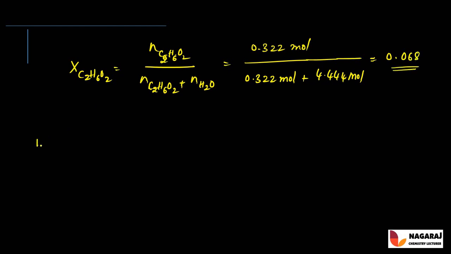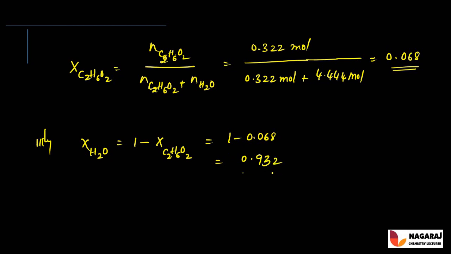Similarly, the mole fraction of water is equal to 1 minus the mole fraction of ethylene glycol. That is 1 minus 0.068, which is equal to 0.932.